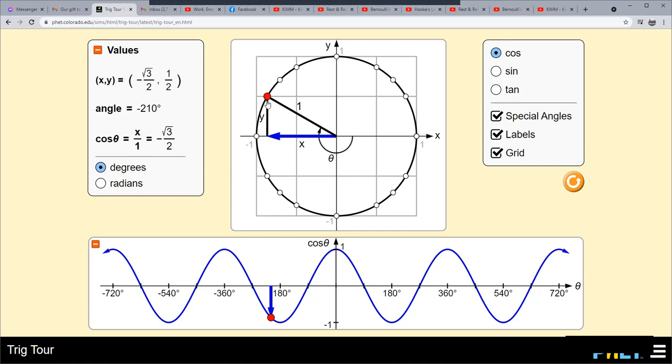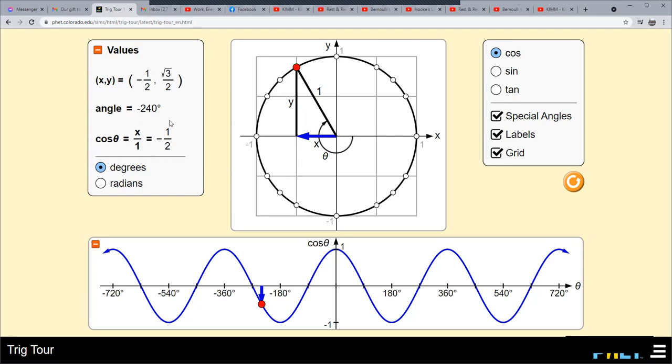Now, moving it further, we are on the second quadrant: negative sign for x, positive sign for y. The same is true if we move it to negative 225 degrees from our point of reference, still in the second quadrant.